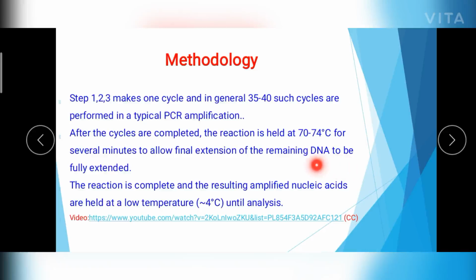If the extension of any chain is not completed, incubating the mixture at 70 to 74 degrees centigrade ensures all the remaining DNA is fully extended. At the end, the resulting amplicons, or amplified nucleic acids, are stored at 4 degrees centigrade until further experiments are carried out.